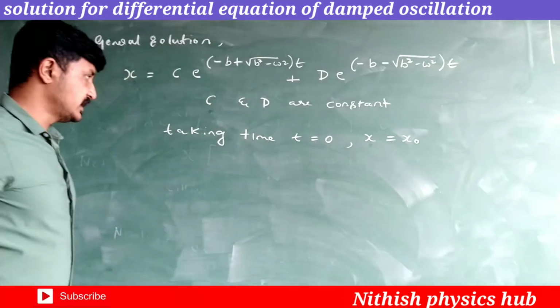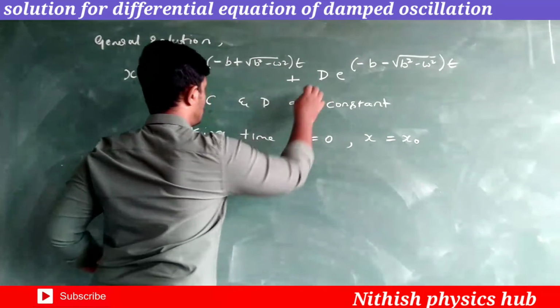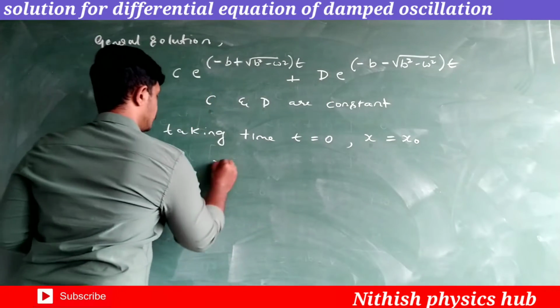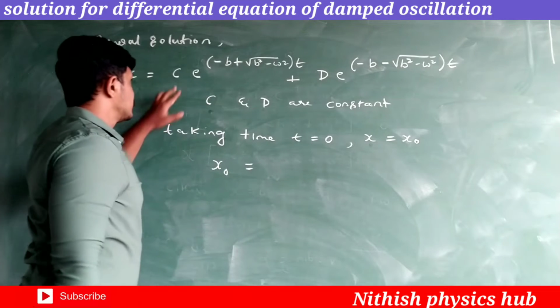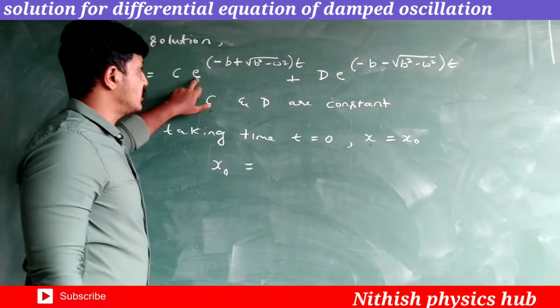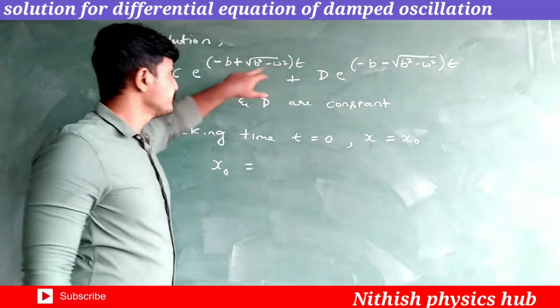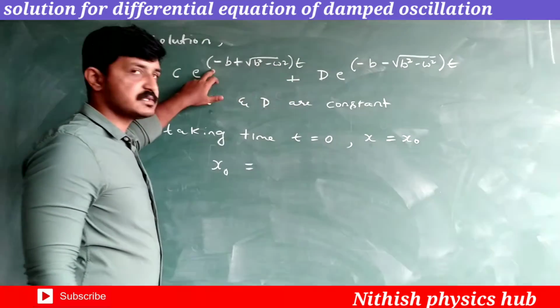If you apply this condition to the above equation, the equation becomes c and exponential of t is 0. Anything exponential to the 0 has the value 1.